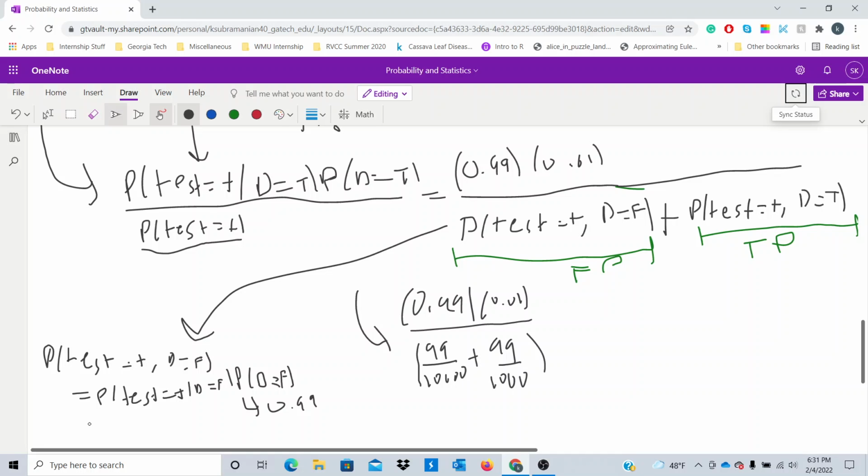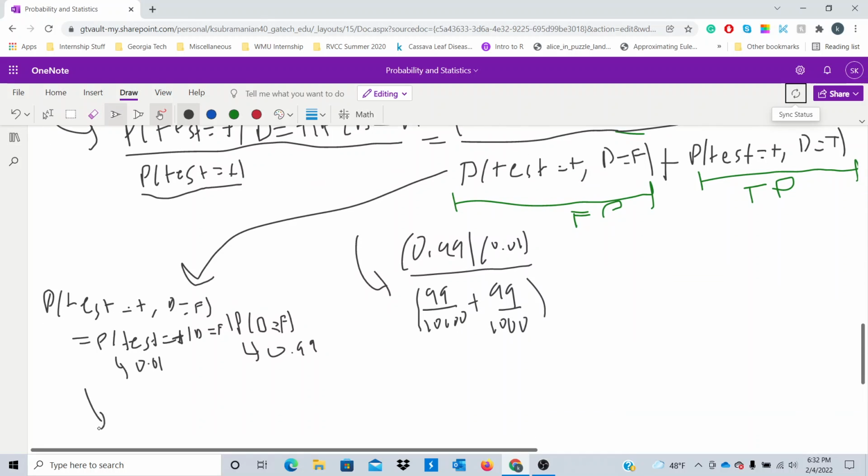You also know that the probability that you test positive given that you don't have the disease is 0.01, because the test is 99% accurate on people who have the disease. So that means you would test positive if you have the disease with a 0.99 chance. And in this case, if you don't have the disease and you test positive, it's a 0.01 chance. So this is going to be 0.01 multiplied by 0.99. And that'll be what this term is. And this is what 99 over 10,000 is.